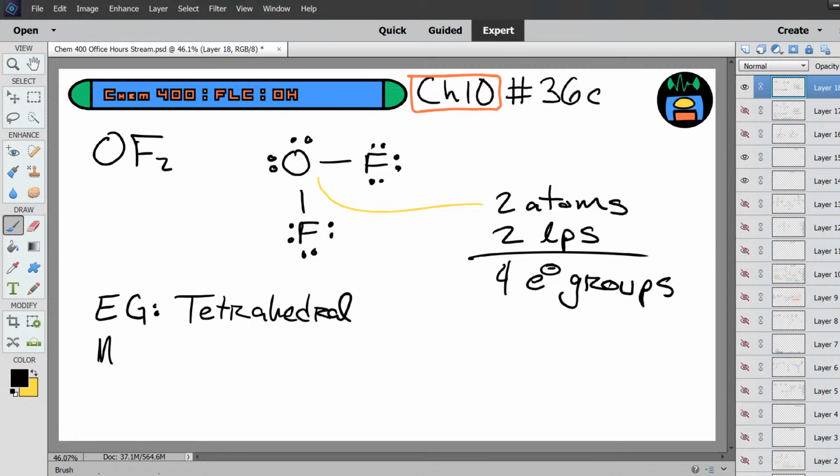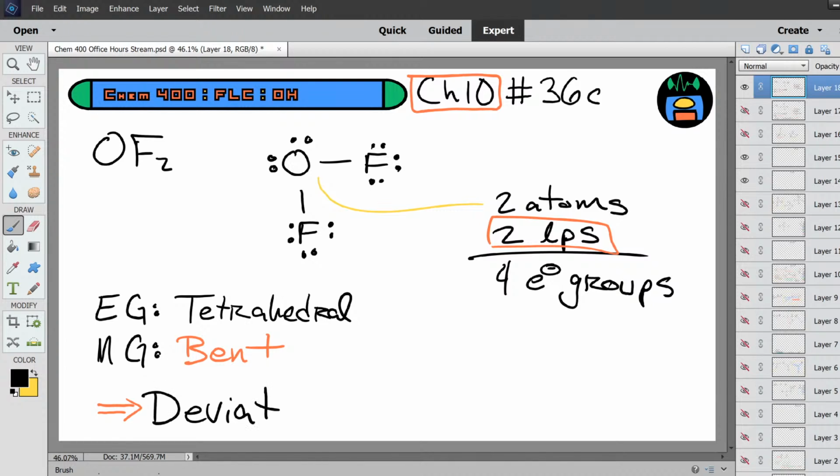But our molecular geometry is going to be different because we have 2 lone pairs. So our molecular geometry will be bent. And because we have 2 lone pairs, we will expect a deviation from the ideal bond angle of 109. We've got 2 lone pairs, so it's going to pinch it down to 105 degrees.